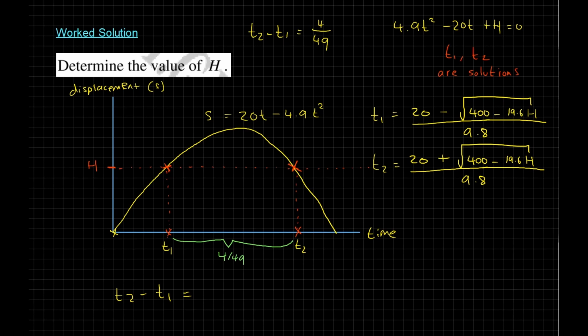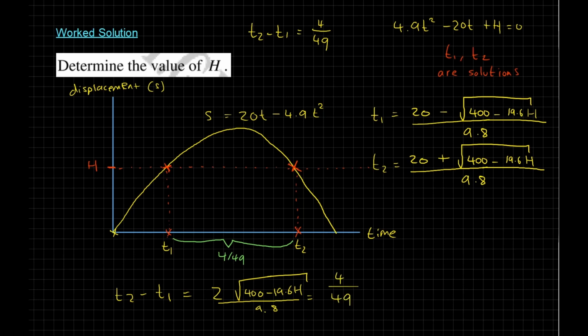So that's just going to give me 2 times that rooted expression, 400 minus 19.6h, and it's still all over 9.8. And that must be equal to 4 over 49 because that's t2 minus t1.